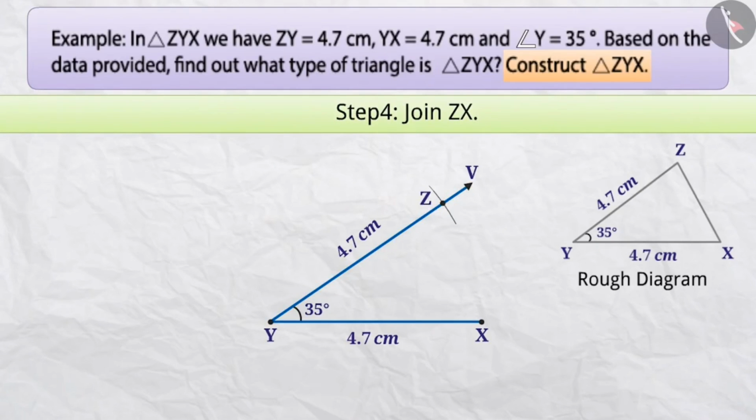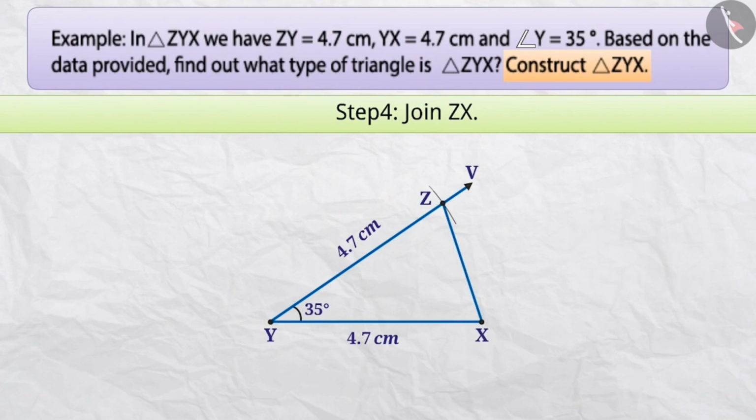Next, we will join points Z and X and draw the third side ZX, which completes the construction of the triangle. Thus, we have obtained triangle ZYX, where ZY is equal to 4.7 cm, YX is equal to 4.7 cm, and angle Y is equal to 35 degrees.